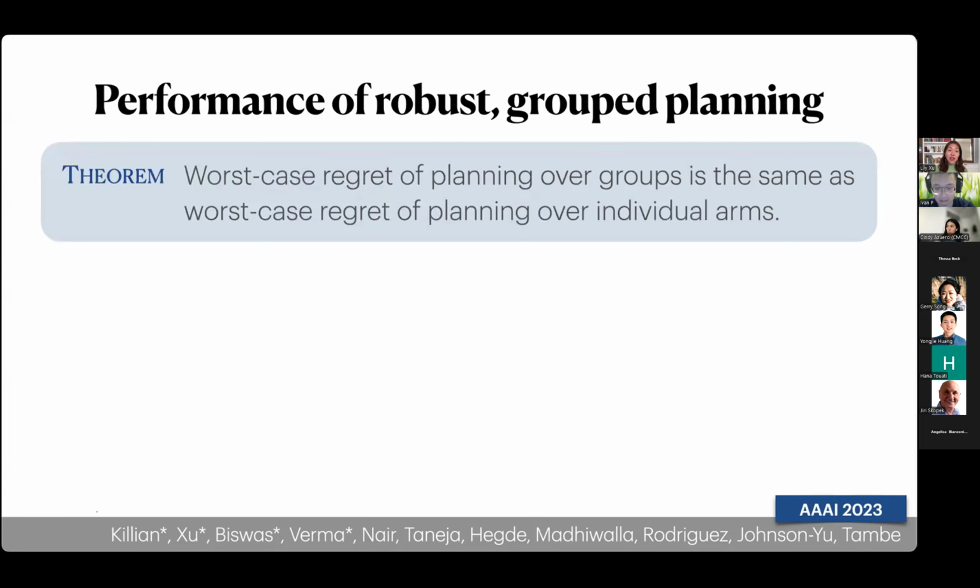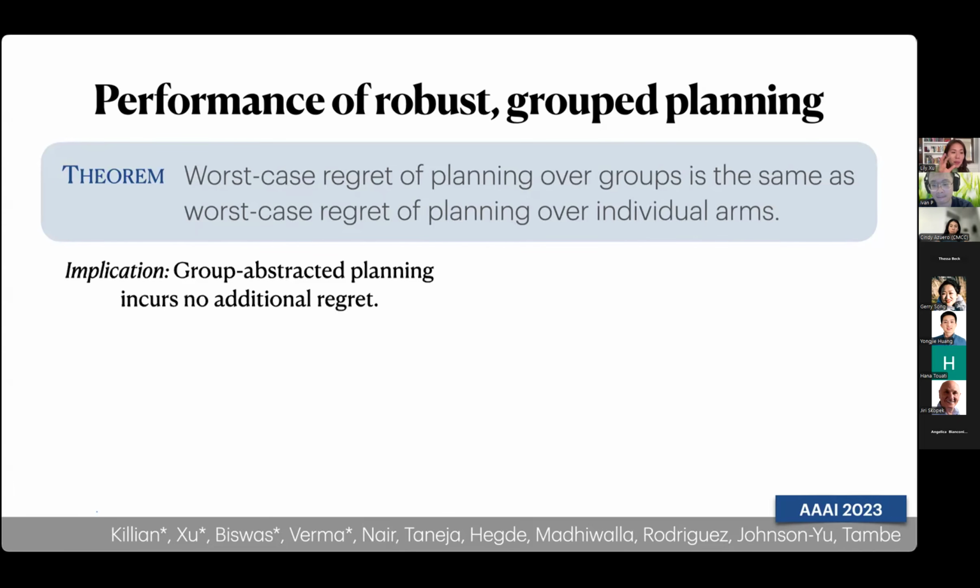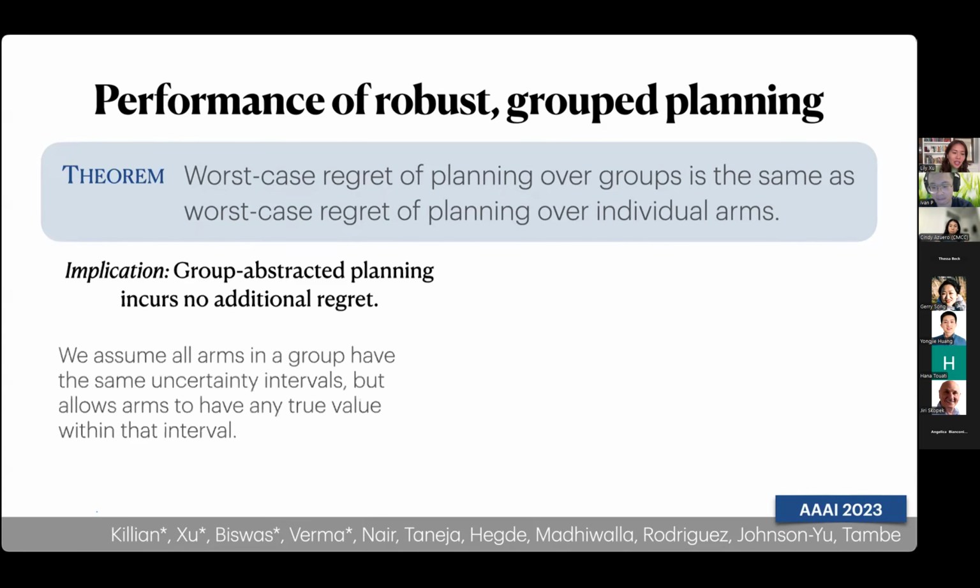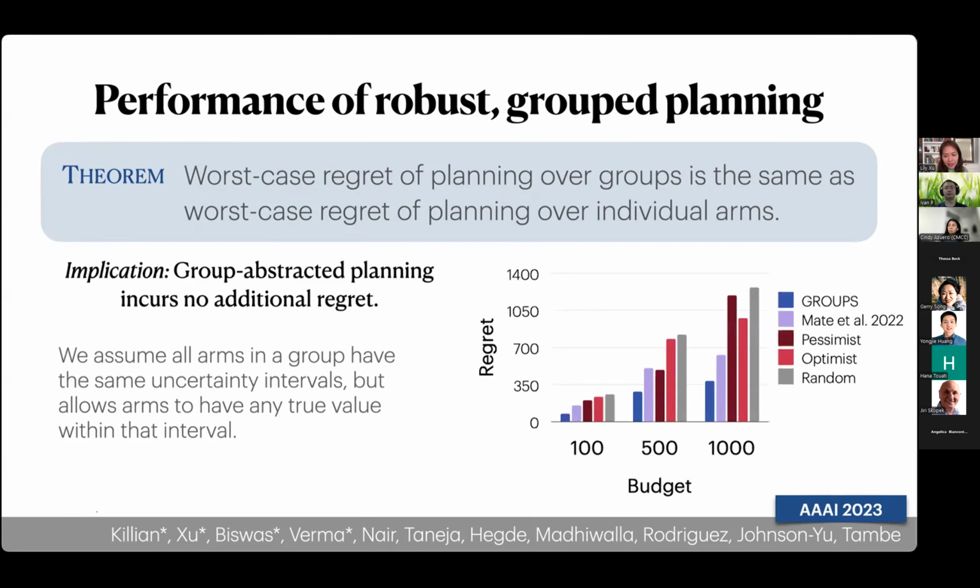And we have a theorem in our paper that shows that the worst case regret of planning over groups is the same as the worst case regret of planning over individual arms. And really what this tells us is that doing planning at the group level does not incur additional regret, with the assumption that all arms in a group have the same uncertainty intervals, but then the true values for every individual can be any value within the bounds that we defined.